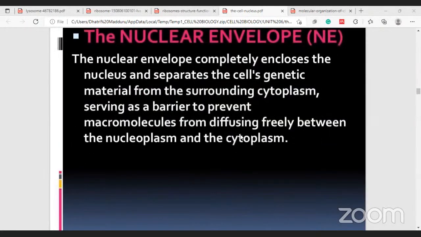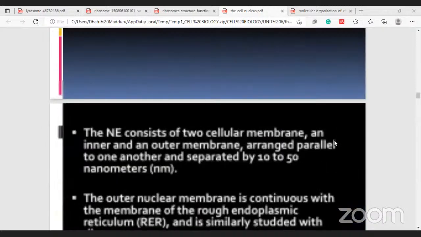The nuclear envelope completely encloses the nucleus and separates the cell's genetic material from the surrounding cytoplasm. It acts as a barrier so that macromolecules cannot diffuse freely between the nucleoplasm and cytoplasm.